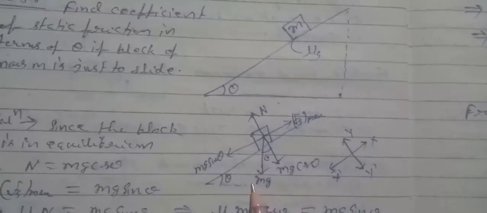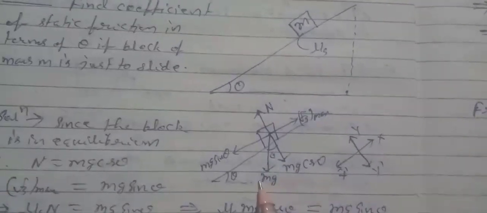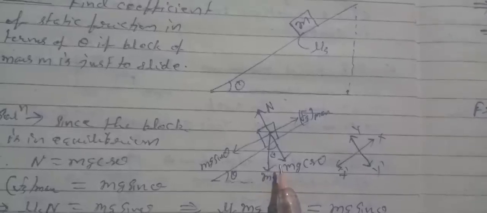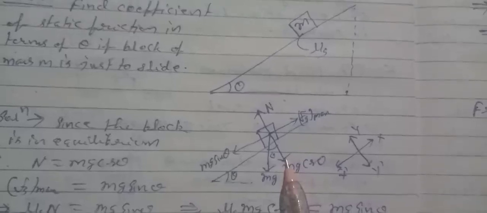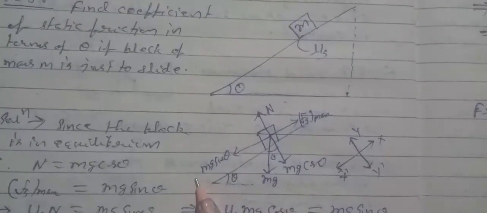Now we should decompose the weight into two perpendicular components: in this direction mg will be mg cos theta, and in this direction mg will be mg sin theta.